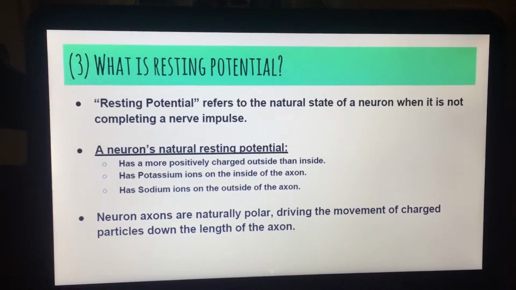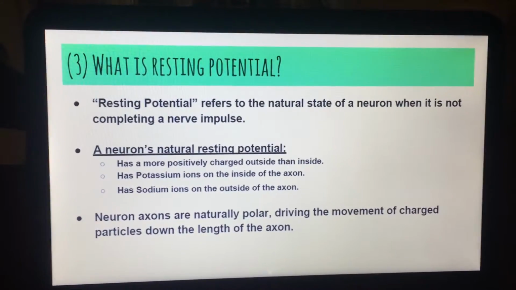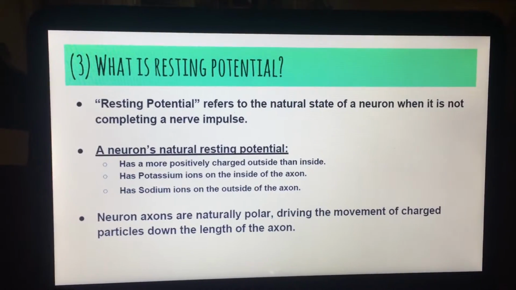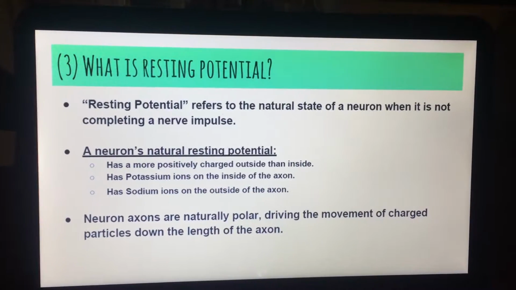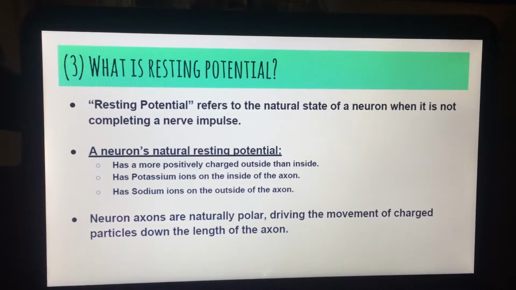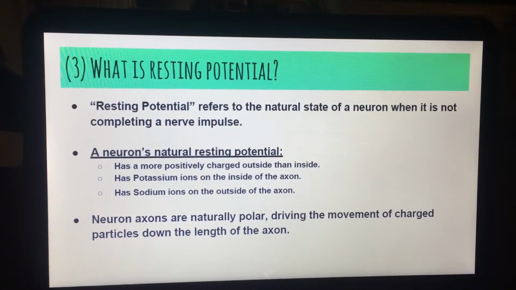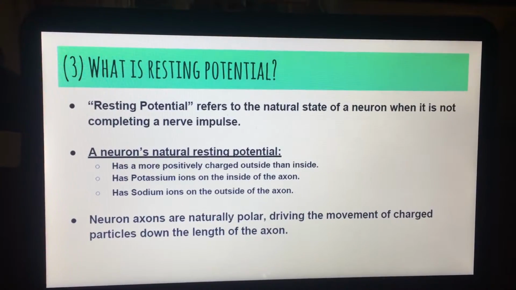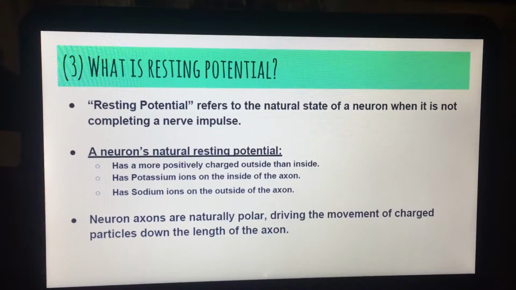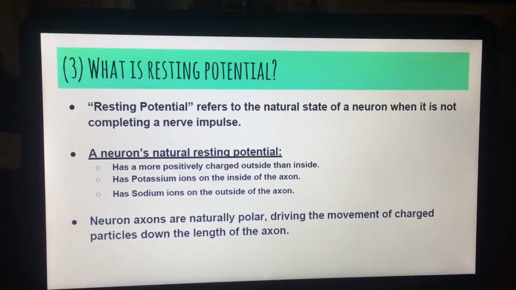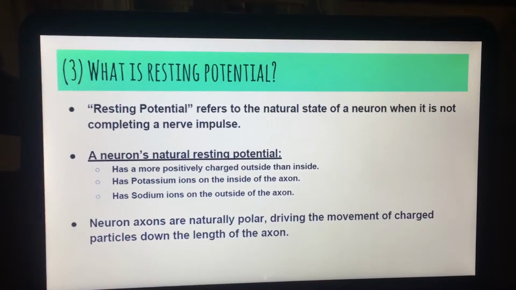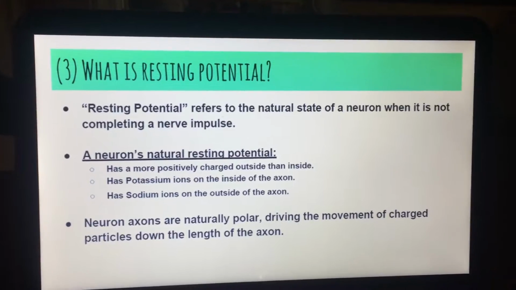And the way they are balanced is so that you actually have a little bit more sodium ions on the outside than potassium on the inside, so the outside is actually slightly more positively charged than the inside. That means in its natural state, a neuron's axon is polar. And you hopefully remember from either chemistry or biology that polar means we have this imbalance of charge. One end of a structure or molecule has a different polar charge than the other side.